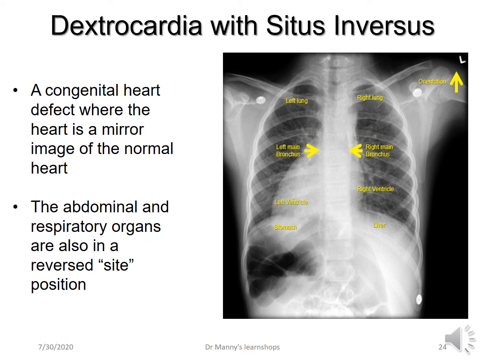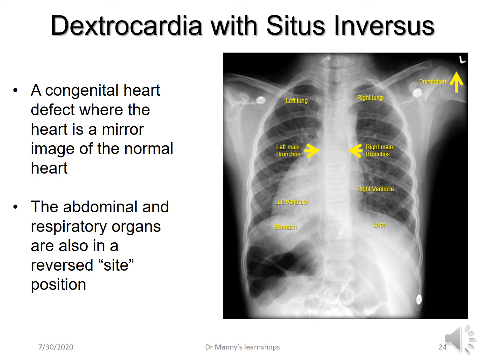Have a look on the chest X-ray. The orientation is telling you that it's been taken correctly. Left lung and right lung have been reversed because they've probably done a scan and seen that there are 2 lobes on the right side instead of the 3 lobes, and 3 lobes on the left side instead of the 2 lobes.